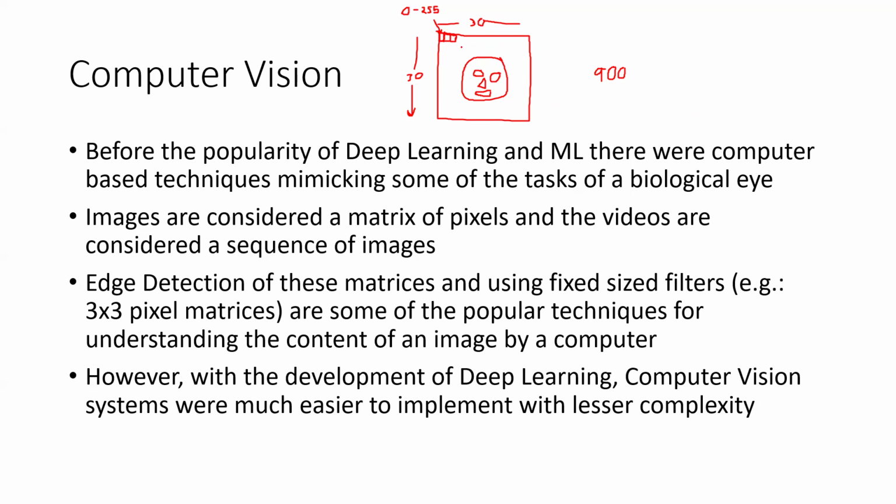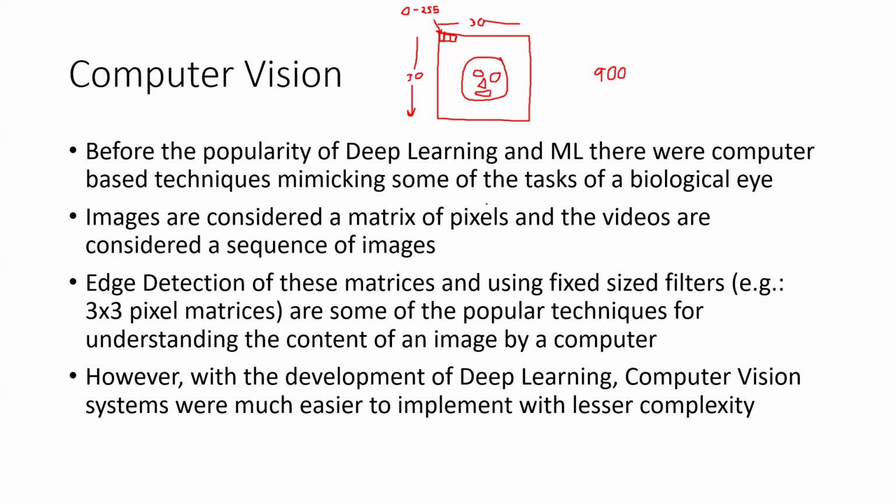But just representing each of these pixels with a certain value between 0 and 255 is not sufficient, right? Because you have to identify each of these objects in the image. For example, this is an eye, this is a nose, this is a mouth, right?